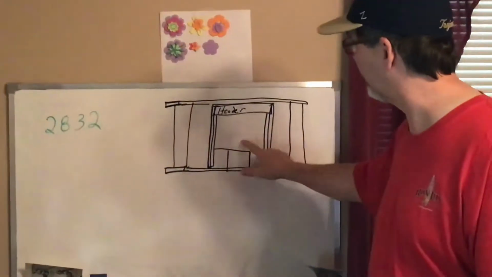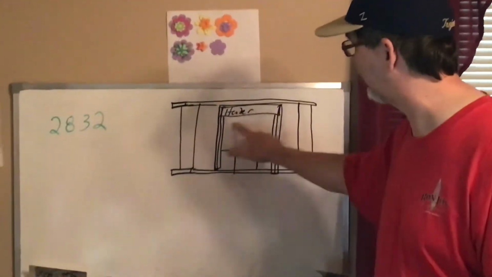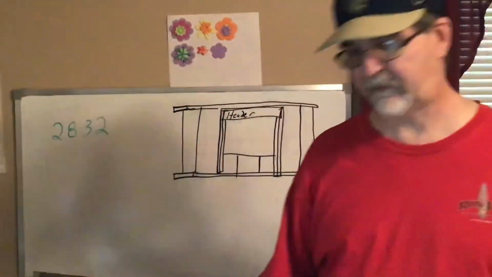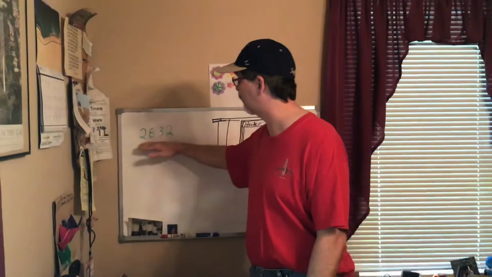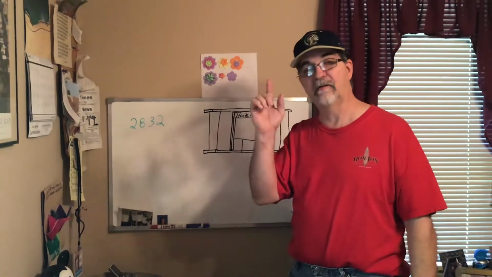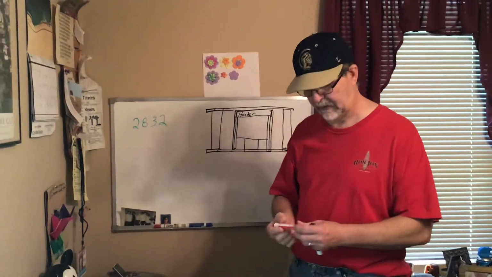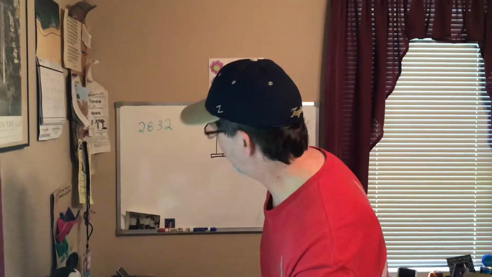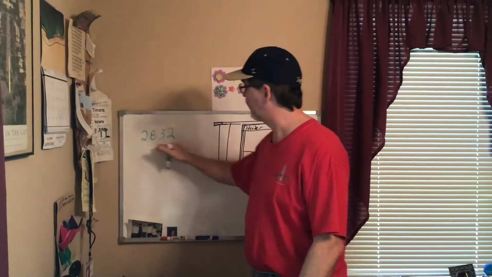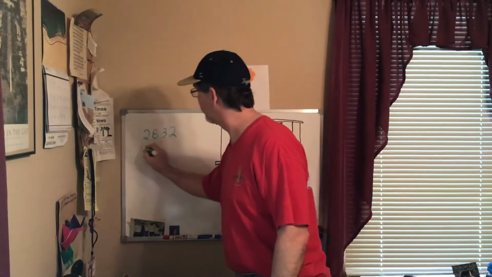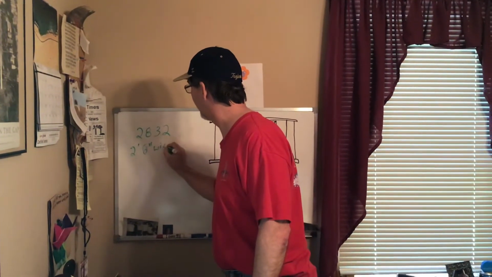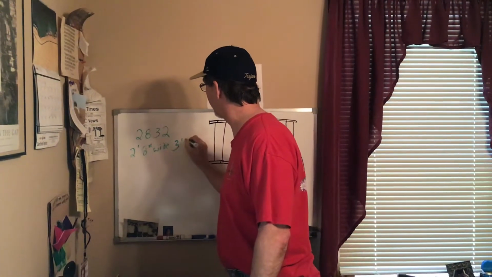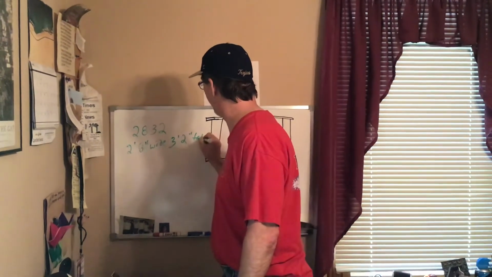So what we're now going to talk about is how do we determine this rough opening, or this size? And here's how we start. This on page 8 is window and door codes. Here is a code for a window that I would have taught you had we had this in class. The first thing you do is decode that code, and it's very, very simple. If you see this code for a window, 2832, all that means is the window is 2 foot 8 inches wide and 3 foot 2 inches tall.